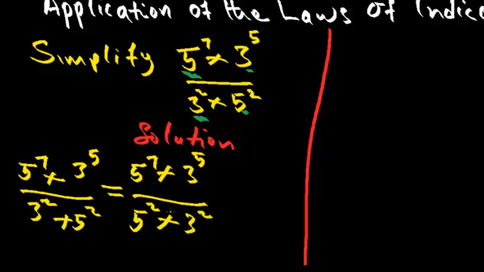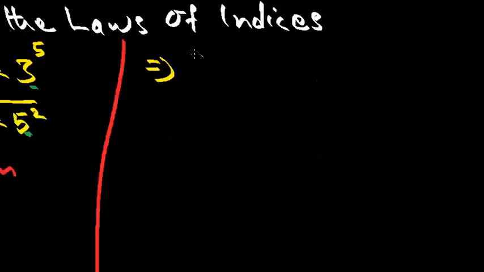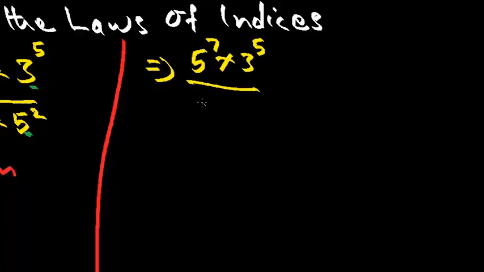Note that multiplication is commutative, so whether 3 exponent 2 comes first or 5 exponent 2 comes first, the answer is the same. It doesn't really change anything, but we are just doing a rearrangement so that we will be able to solve it without any difficulty. So now we have 5 exponent 7 times 3 exponent 5 all over 5 exponent 2, 3 exponent 2.